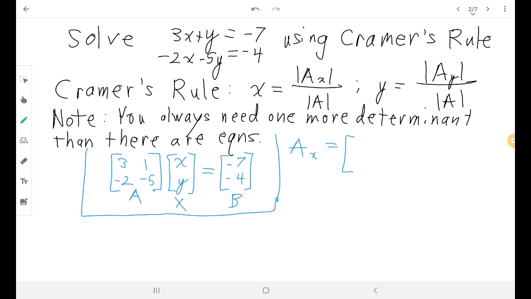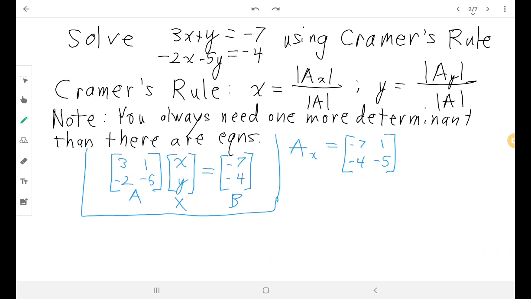And then we're going to recopy the rest of A. So the first column of A sub x are the answers, like that. And the second column just gets copied. So if you think about it that way, here's our x column, here's our y column. And to get A sub x, what I did was I replaced our x column with our answer column.